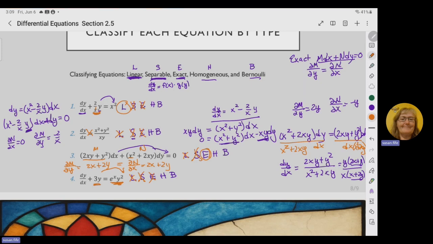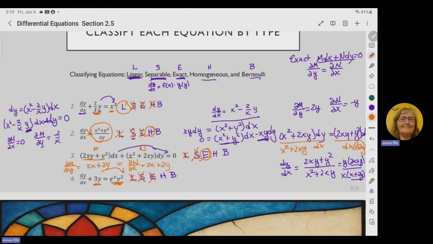Those degrees cancel out. It gives you a 0 degree term. And then x squared has a second degree. Not the same. It's not going to be homogeneous. Whereas for number 2, x squared, y squared, and xy all have a degree of 2. That is going to be homogeneous.